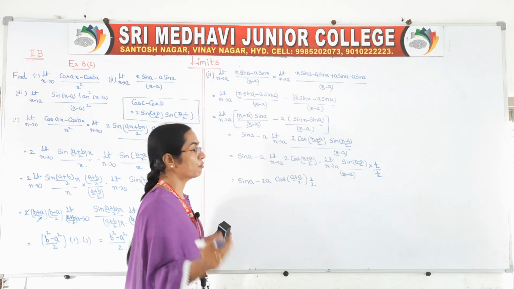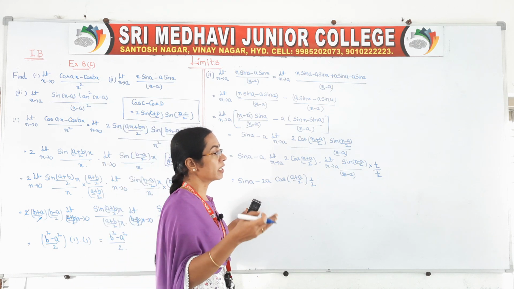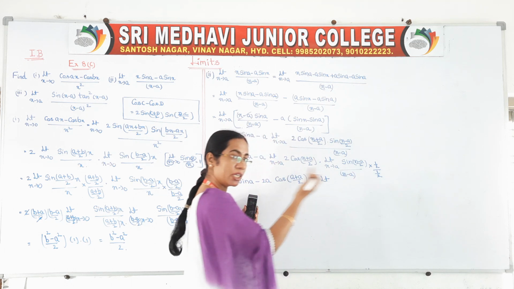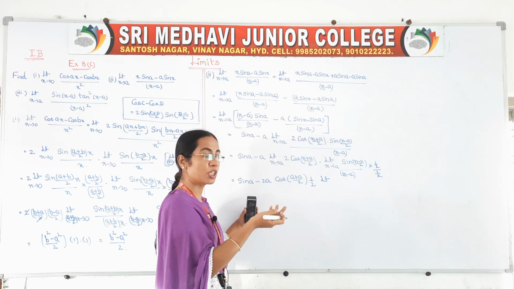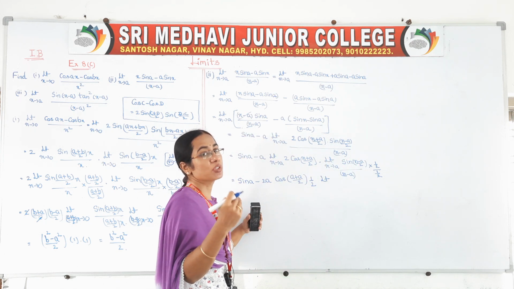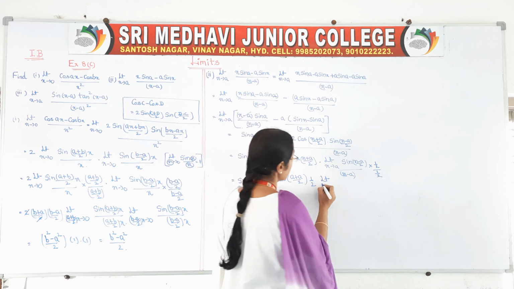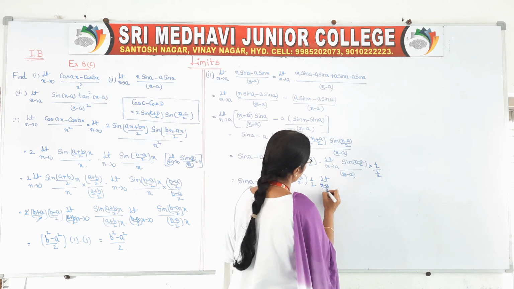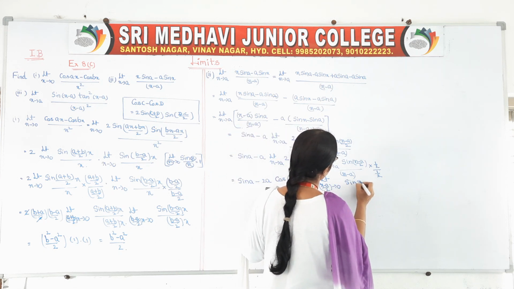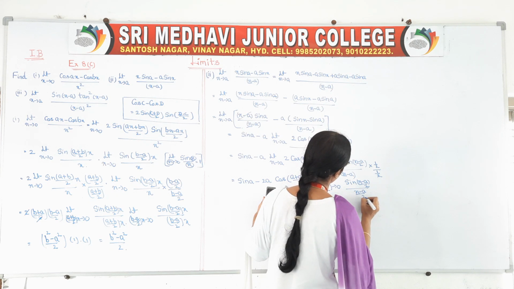Also if x tends to a, x minus a tends to 0, x minus a by 2 also tends to 0, 0 by anything is 0 only. So x minus a by 2 tends to 0, sin of x minus a by 2 by x minus a by 2.